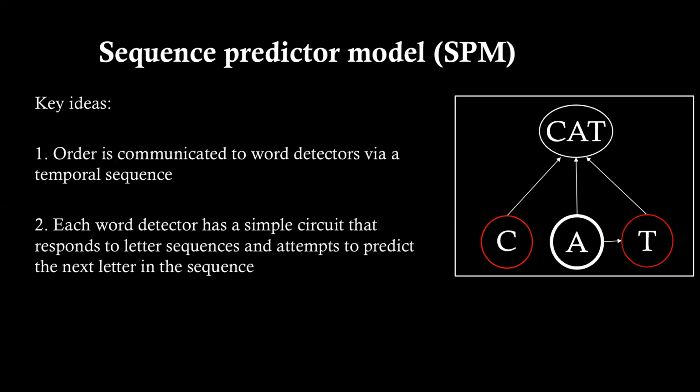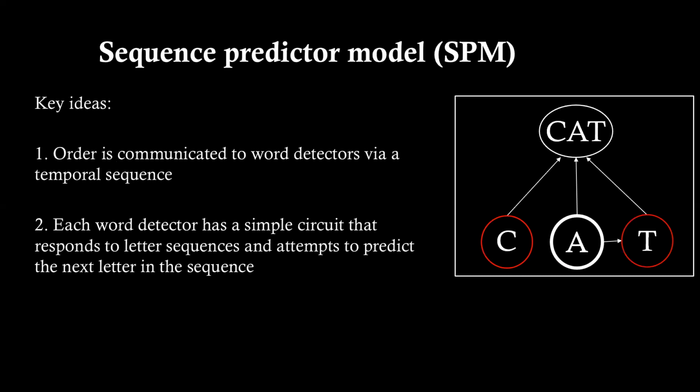So when the cat detector receives a letter A, the corresponding receiver sends an excitatory signal to the T receiver. And in effect, the circuit is predicting that the next letter now should be T if this is a matching word. And if that prediction is confirmed, the match score will be incremented. So that's how the model captures the benefit associated with contiguous matching letters.